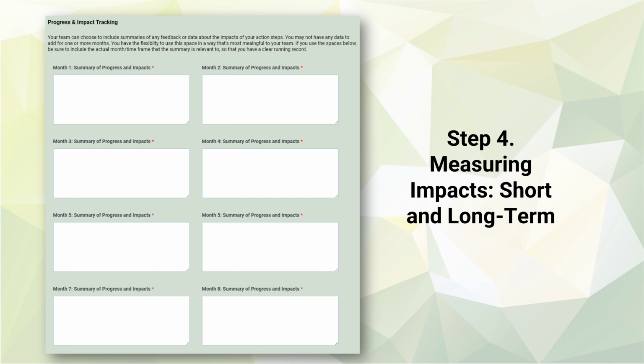And this is your way to have an archive of what was done, what the impacts were, so you can keep continuously improving and adapting and really being reflexive of what's going on in as real time as possible.